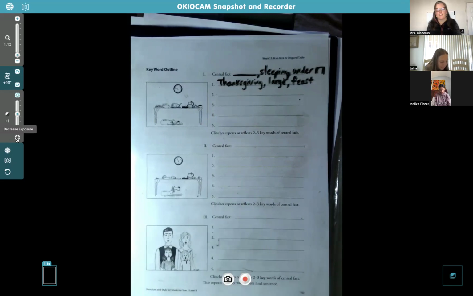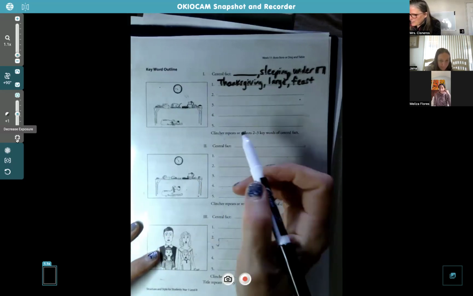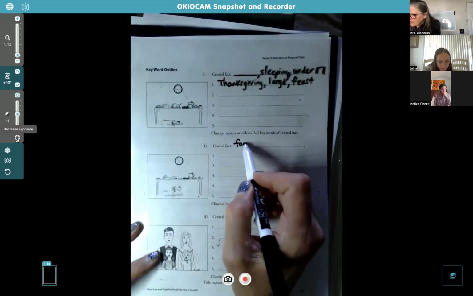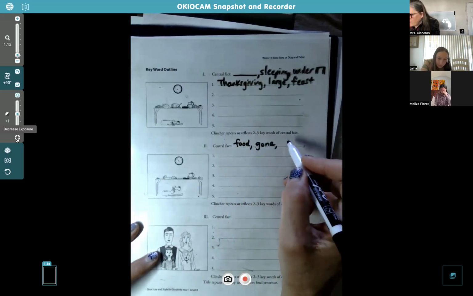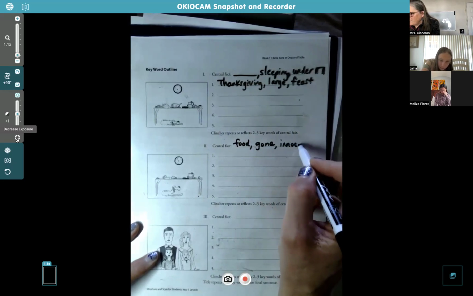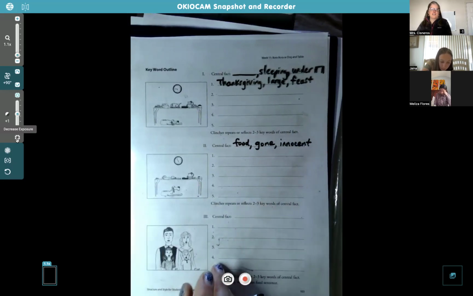It's almost like he's sitting there like, do do do, nobody saw anything. I didn't do anything. Nothing to see here. The cute doggy though. So, food gone. I'll put innocent. Maybe he's looking innocent, like I didn't do anything.